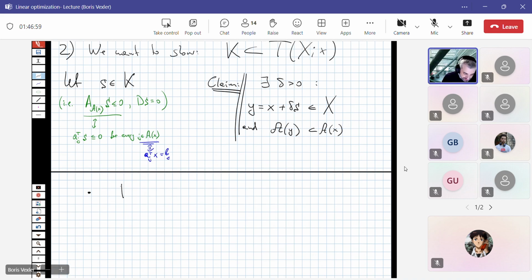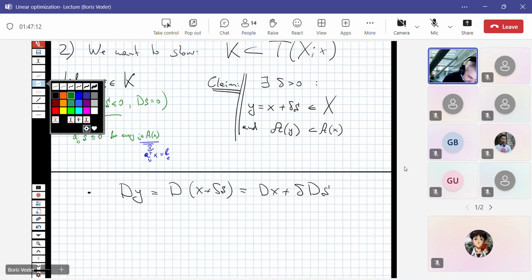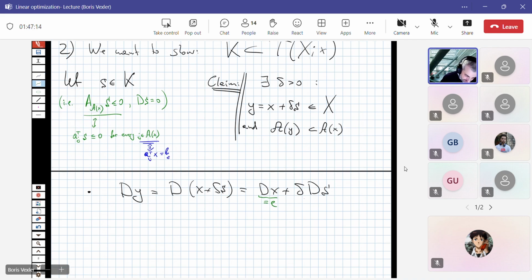If we consider d times y, which is d times x plus delta s, which is d x plus delta d s, and d s is equal to 0, therefore it is still equal to e. So the equality constraint is fulfilled for y for every delta. Do you agree?